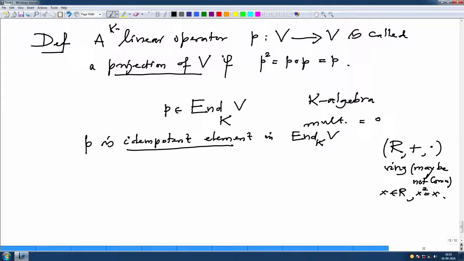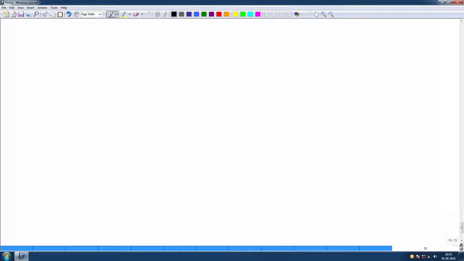So now let us try to draw the pictures. I want to draw a picture and show it is convenient. So now we are still considering V is U direct sum W, and the projection P from V to V, and the map is clear.